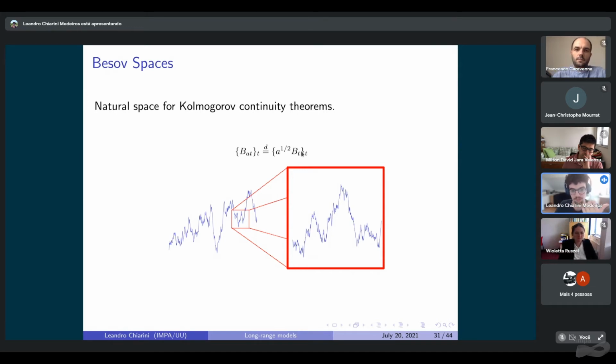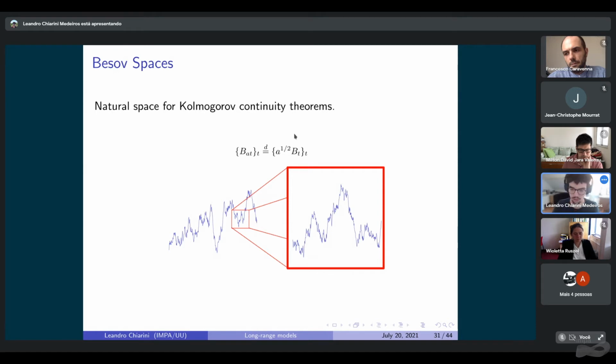And the theorem that connects this self-similarity with actual continuity properties is the Kolmogorov-Chentsov continuity theorem. So Besov spaces are basically the spaces for which we can really take advantage of self-similarity. But because we'll be working with distributions, we're going to have negative powers instead of positive ones.